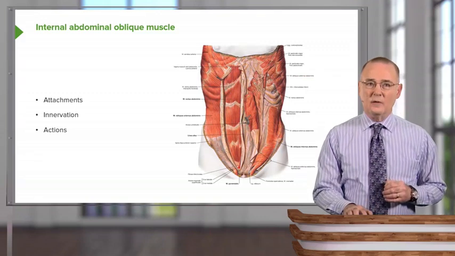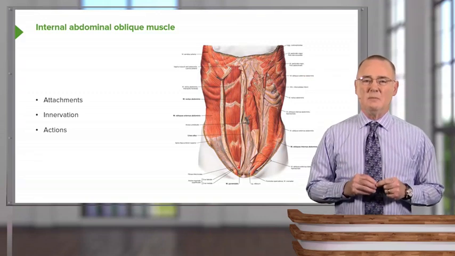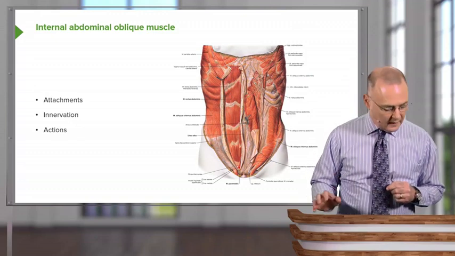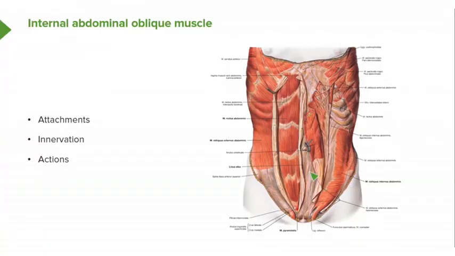The internal abdominal oblique lies immediately deep to your external abdominal oblique. And if we take a look at our diagram here, or illustration, the internal abdominal oblique is shown right along in through here. The cut edge of the external abdominal oblique is right along here. And now we see the fibers of the internal abdominal oblique. They are running down and out.